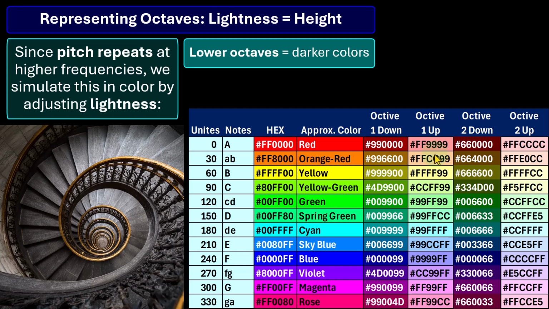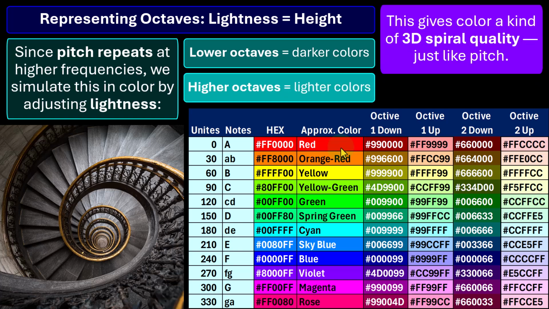So that means I can map out, it's a lot more complicated to do, but we can do it on a fretboard in Excel and say, well, look, if it's an octave higher, we're going to make it a lighter color. And if it's an octave higher than that, we'll make it an even lighter color. And if it goes down an octave lower, we'll make it a darker color, an octave lower, a darker color. So all of these will be named red, but now I can say it's a red 1 shade lighter, which means it's higher up in pitch. It's an octave up, or red 2 shades lighter, or red 1 shade down, and so on.